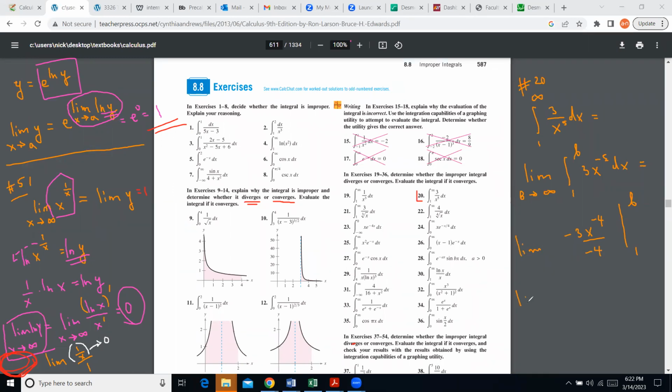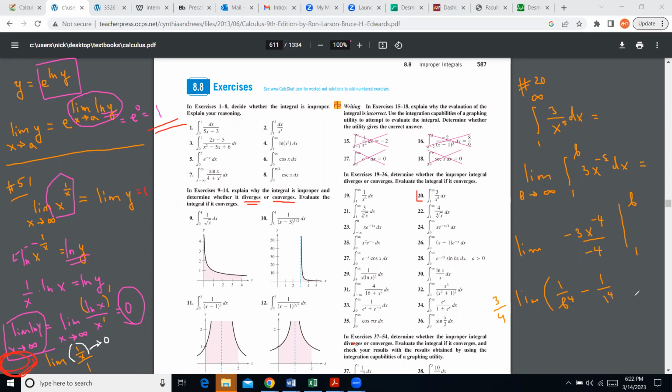So what should I take a limit of? Well, 3/4 I can take out. It's not participating in this calculation. So it's 1 over x to the power of 4. I can say it's 1 over b to the power of 4 minus 1 over 1 to the power of 4, so just -1.